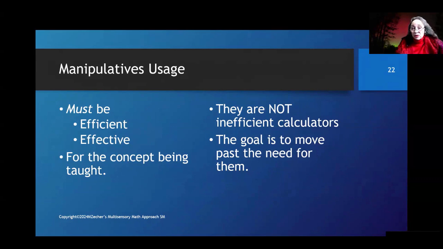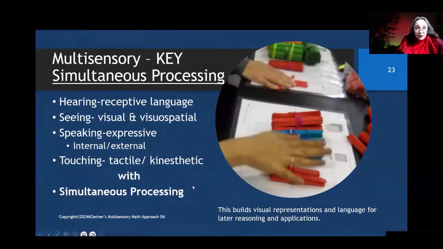And the goal of using manipulatives is to get rid of them, to move past the need for them. But you can always go back to manipulatives to review something. I use them up through algebra and find that my students remember more. Yes, they're a little messy and time-consuming, but you will do less reteaching, and you'll find that students remember more.